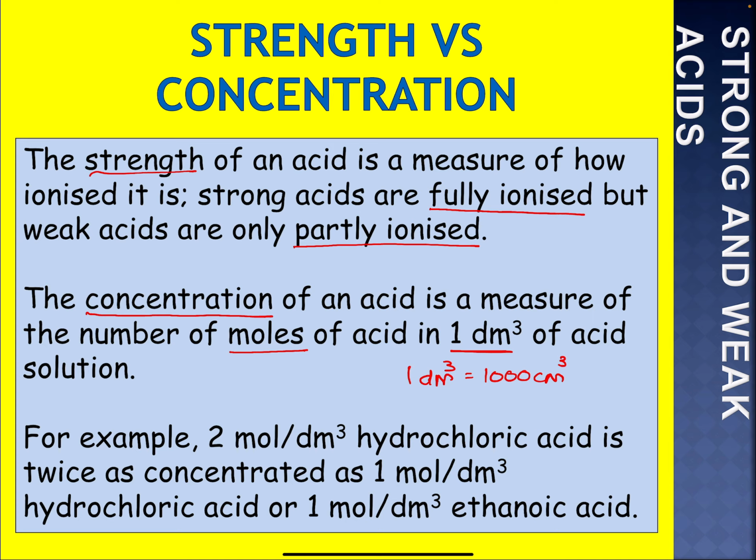So for example, 2 moles per litre of hydrochloric acid is twice as concentrated as 1 mole of hydrochloric acid or 1 mole of ethanoic acid. So that should give you an understanding of the difference between strength and concentration.